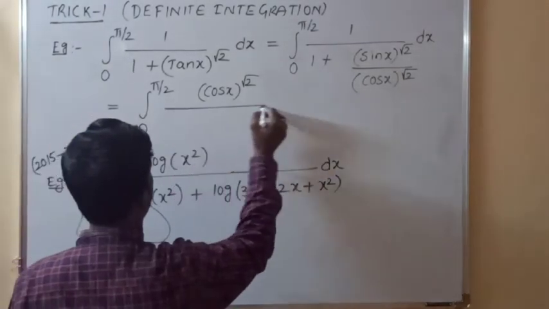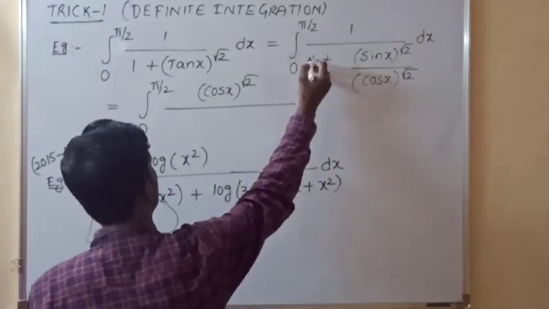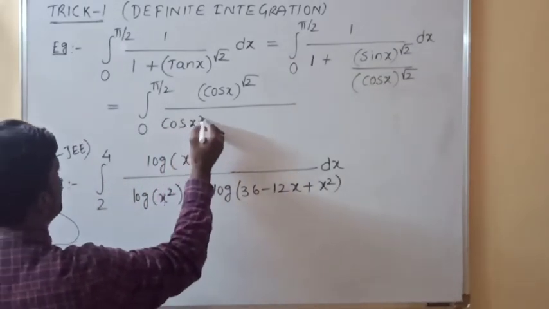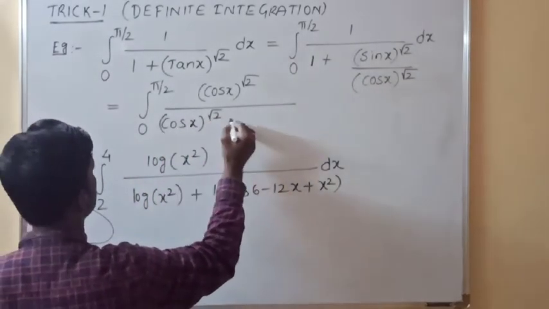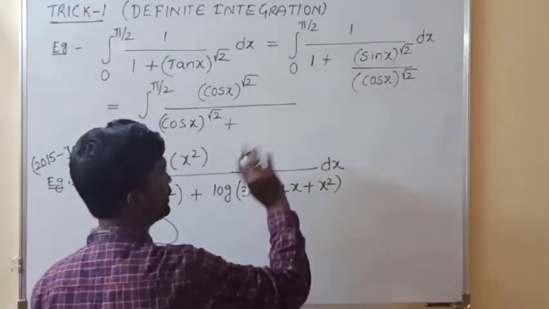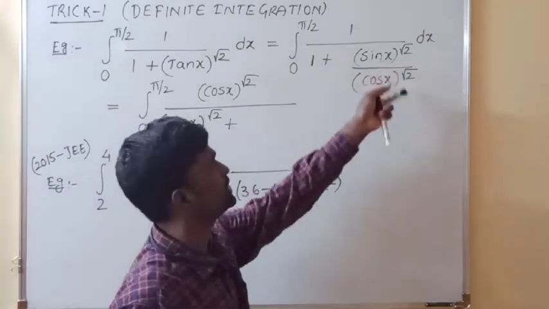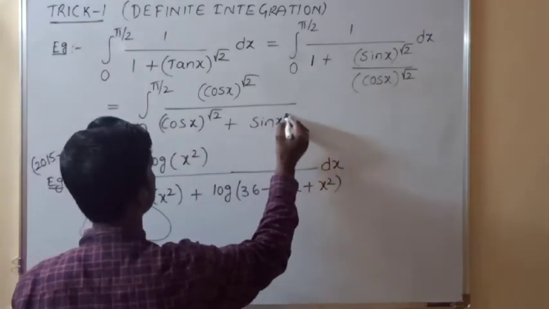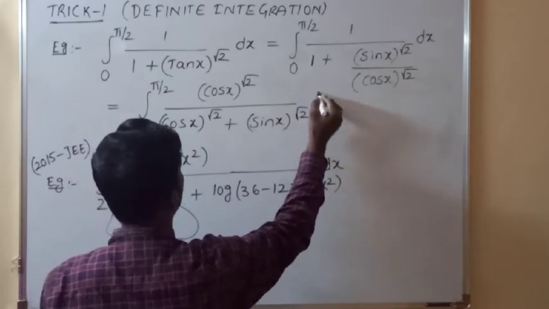And if you multiply the denominator by cos x power root 2, the first term is 1, so 1 into cos x power root 2 is cos x power root 2, plus cos x power root 2 into this function gives sin x power root 2, into dx.